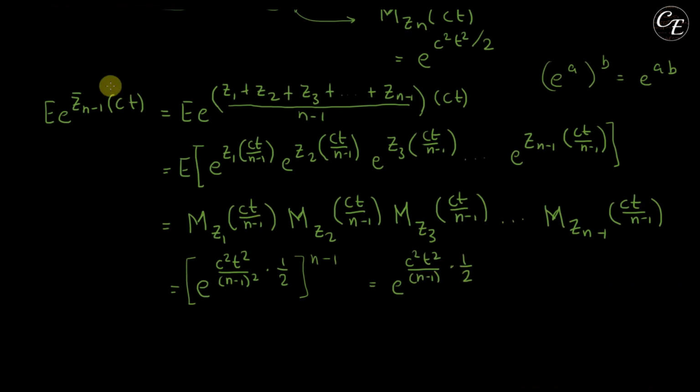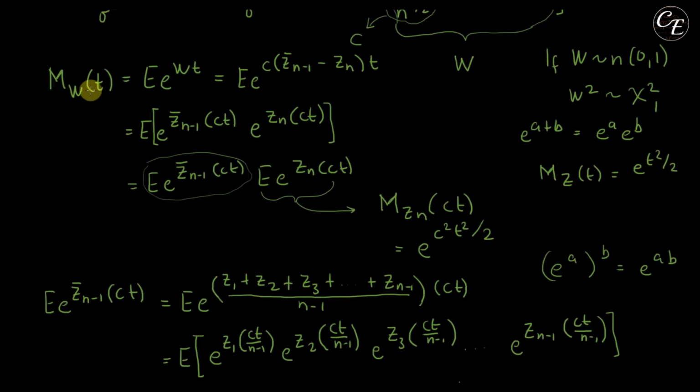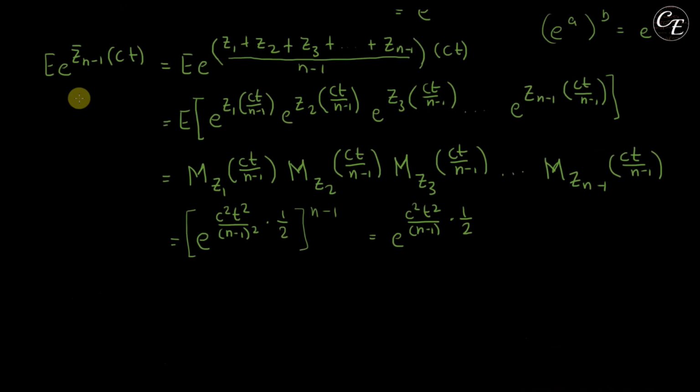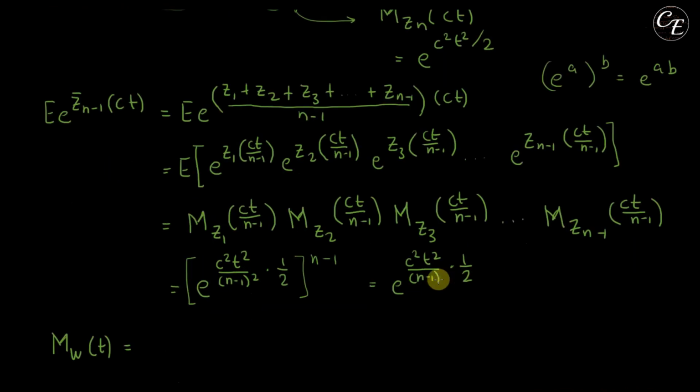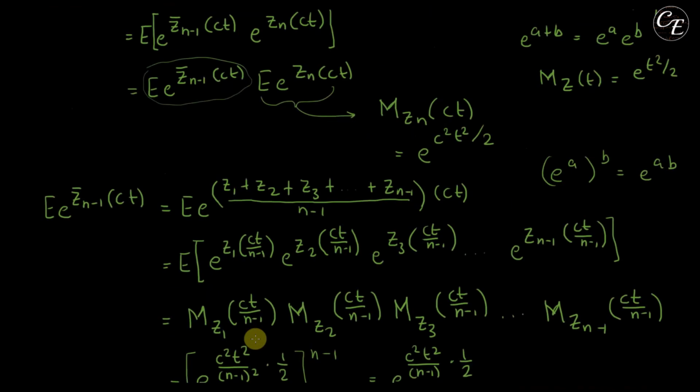So we have now this one, which is this one. So for our moment generating function for w, we have this one, which has this value. So we have here e raised to c squared t squared over n minus 1 times 1/2, and then times this one, which has this value.